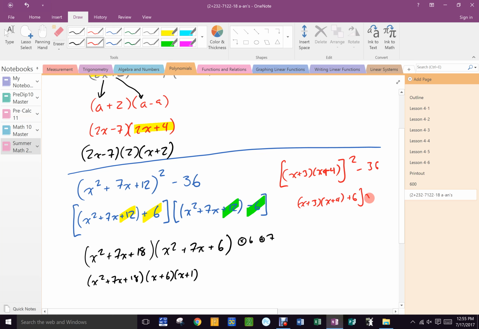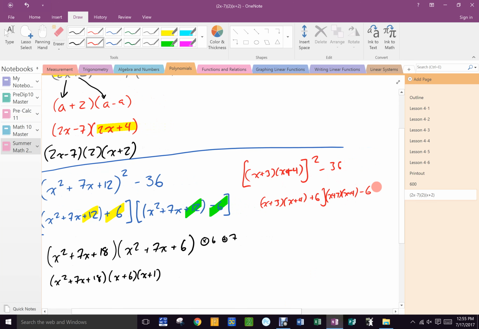And this one would have been x plus 3, x plus 4, minus 6, yeah? Right? And then could you go further there? Is there a common factor to both of those?